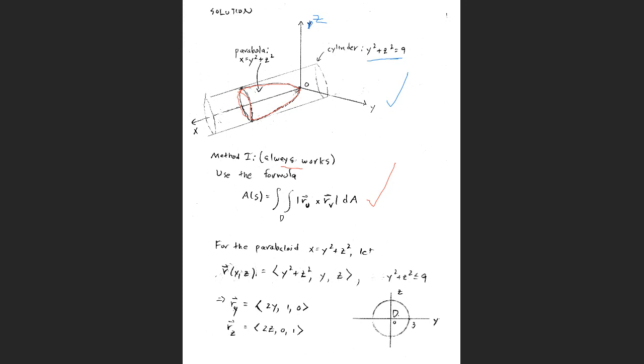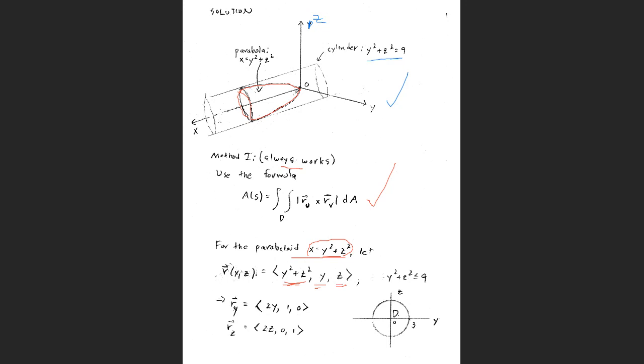So how are we going to find the vector parameterization for this paraboloid? Well, the paraboloid is x equals y squared plus z squared. So it makes sense for the x component to let x equal y squared plus z squared, and then you'll just let y and z be free.